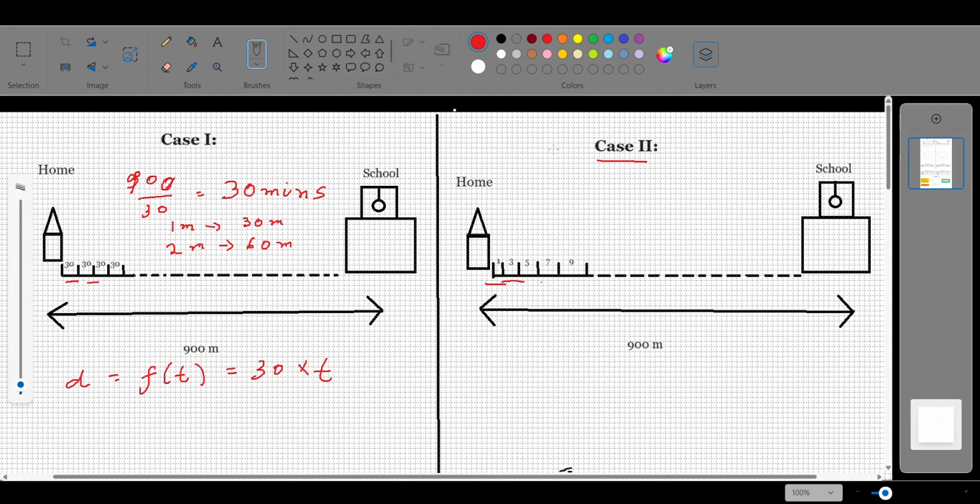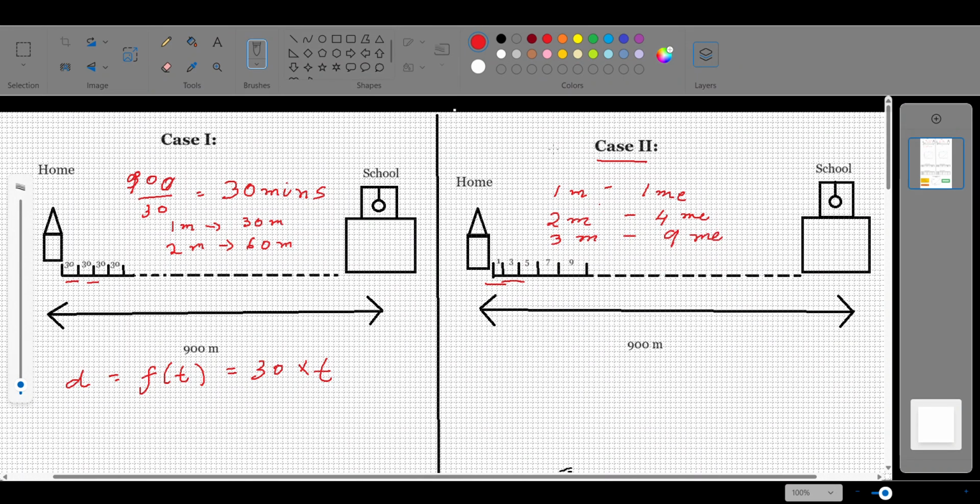Now let's analyze this. We see that in the first 1 minute, he walks 1 meter. In the first 2 minutes, he walks 4 meters. And in the first 3 minutes, he walks 1 plus 3 plus 5, which is 9 meters.